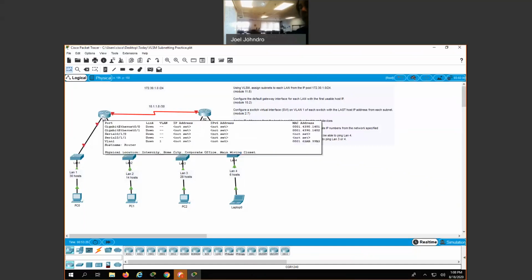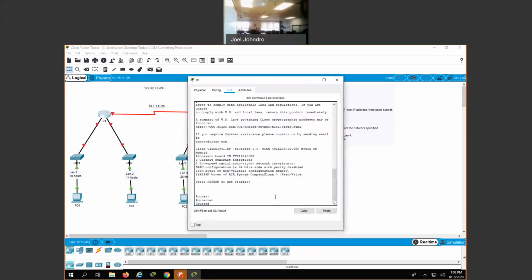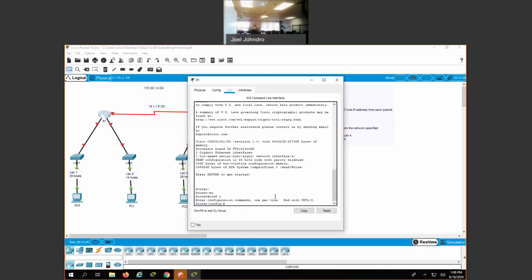All right, so let's open up R1. Go into privileged exec mode, then configuration mode, and we're going to go into interface mode. The interface, this is gigabit 0/0. That's the interface that's connected to LAN 1. Remember, we're not going in order.